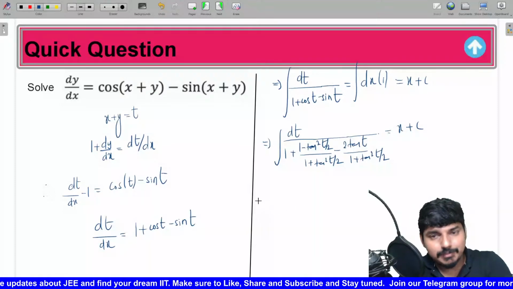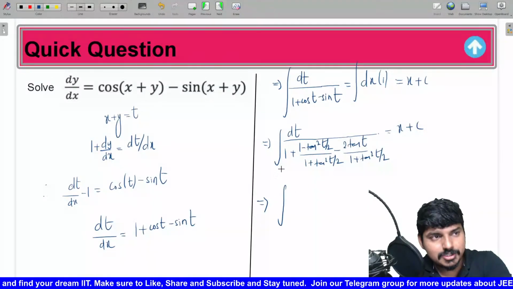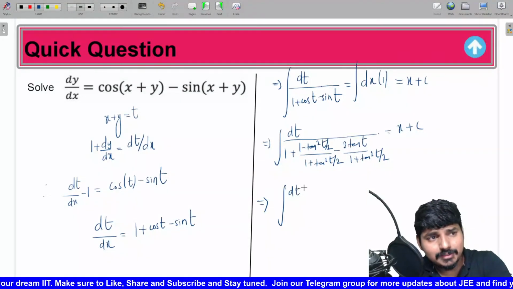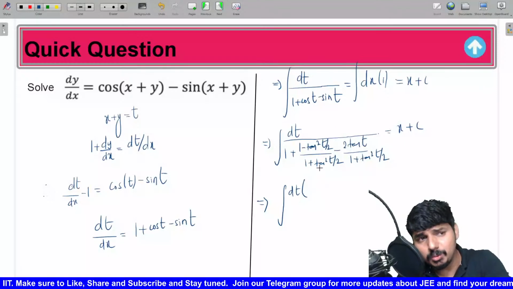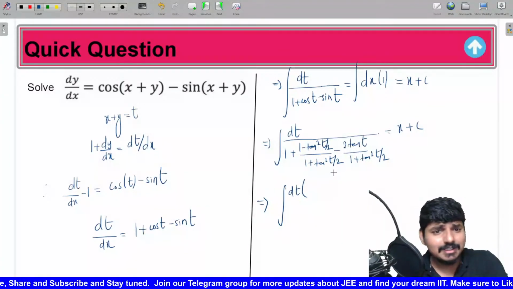Now from here, let me do the simplification. The left hand side integral can be solved in this way. Integration, if you take the LCM in the numerator, you end up getting dt into 1 plus tan square t by 2, that is, 1 plus tan square theta, secant square theta.